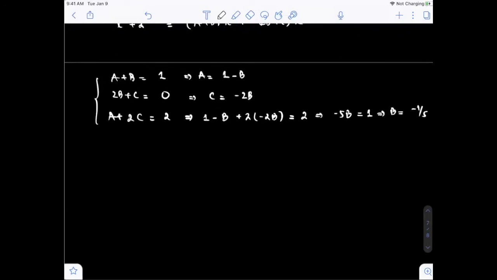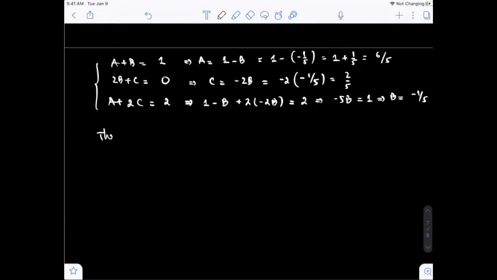Right. When B is equal to negative 1 over 5, you have A equal to 1 minus negative 1 over 5, which is 1 plus 1 over 5, or 6 over 5. And C is therefore equal to negative 2 times negative 1 over 5, or 2 over 5.